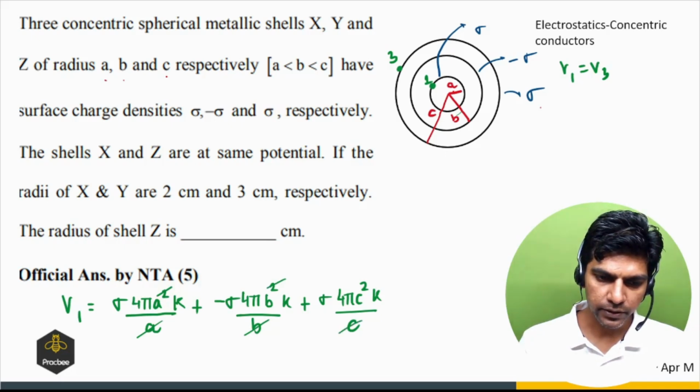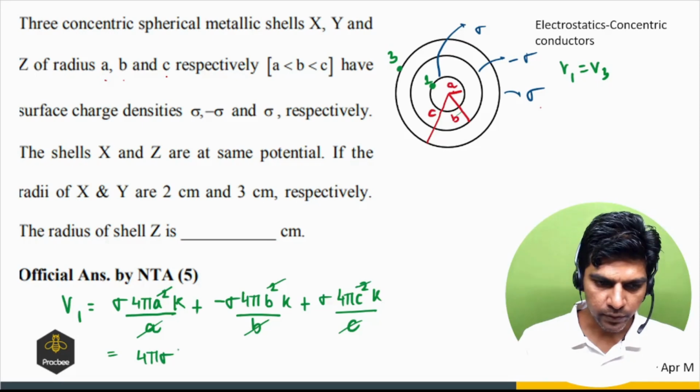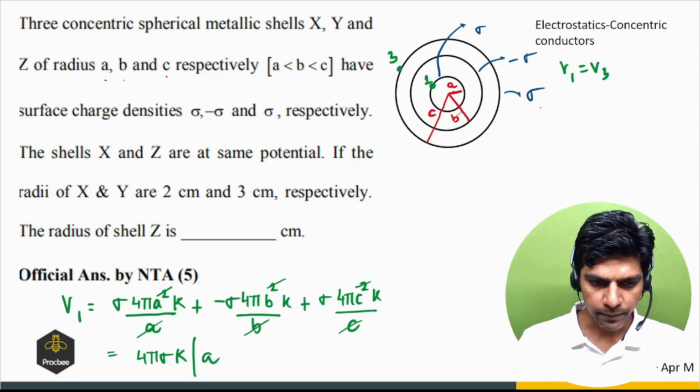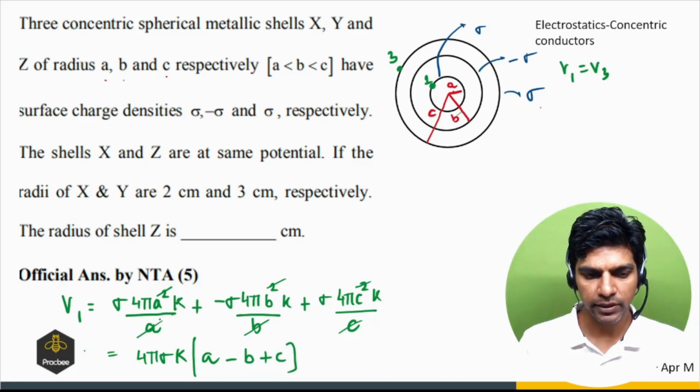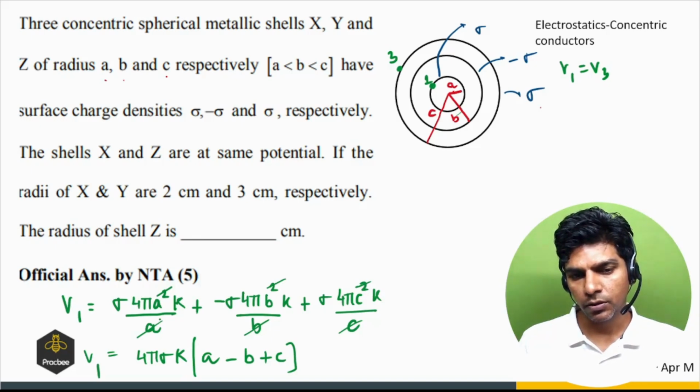So if we simplify this, 4 pi sigma k will be common, so a minus b plus c. Got it? So that is the potential of the innermost shell.